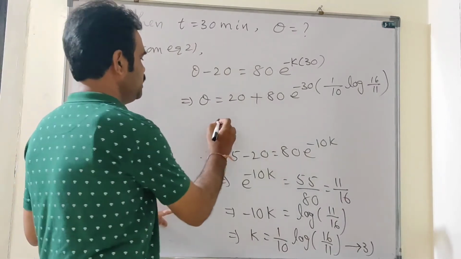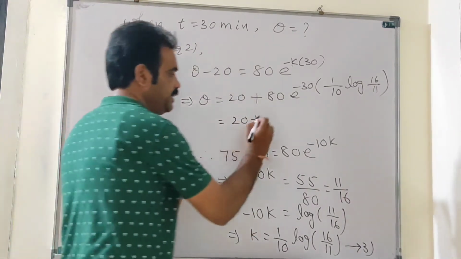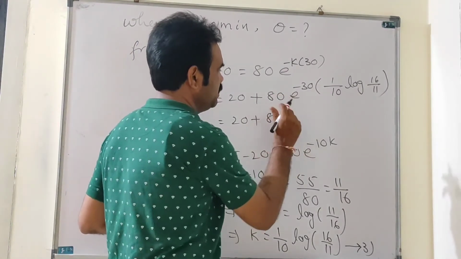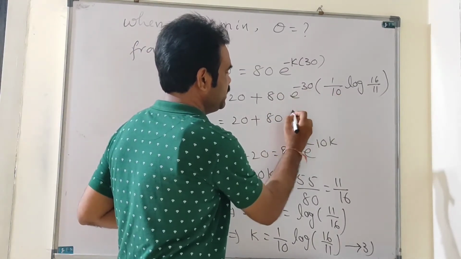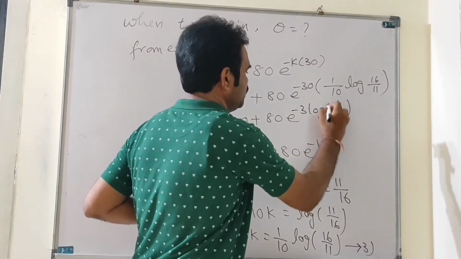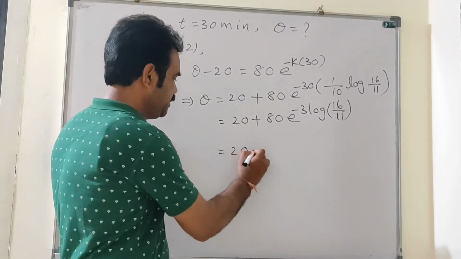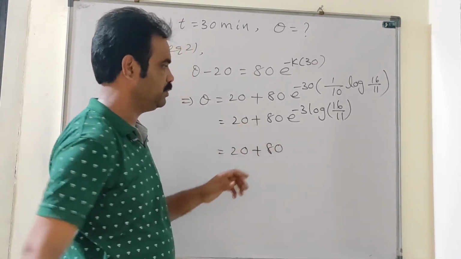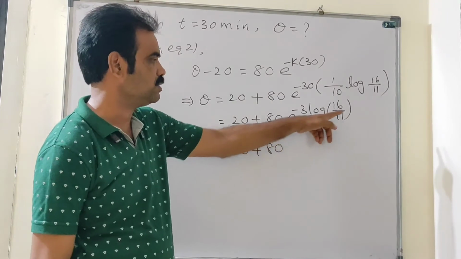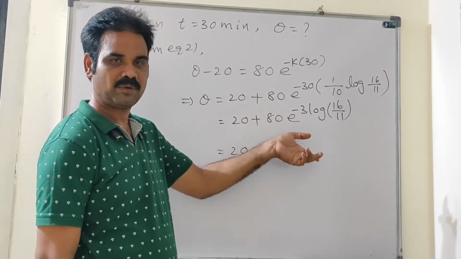That is equal to 20 plus 80 e power 30 by 10, which is 3, e power minus 3 log 16 by 11. You know that n log x is equal to log x power n.